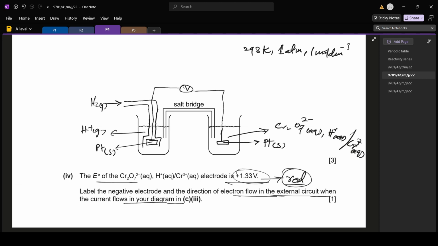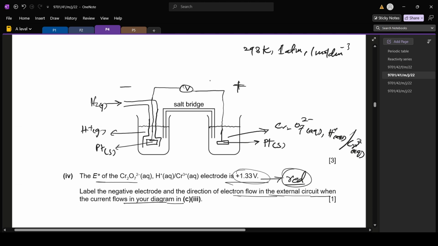Electrons flow from the anode, and the anode is hydrogen. So the anode is going to be the negative electrode, so this electrode here is the negative electrode and this is the positive electrode.